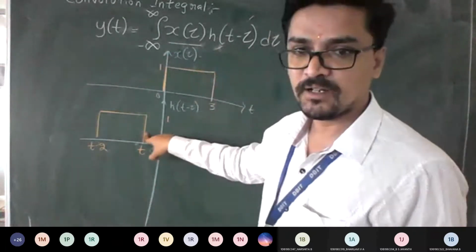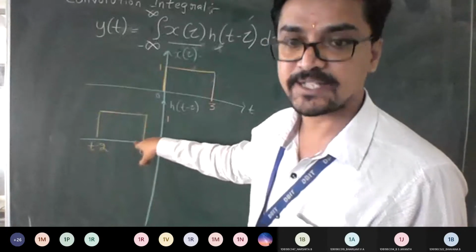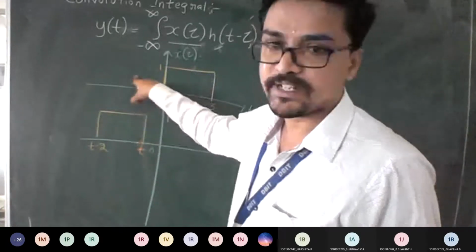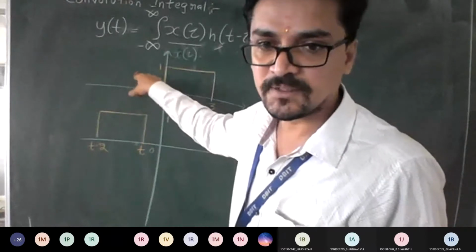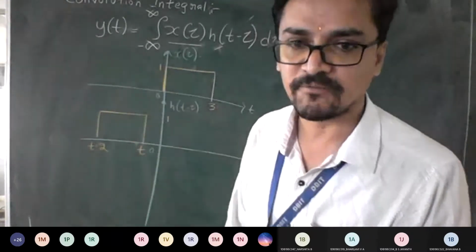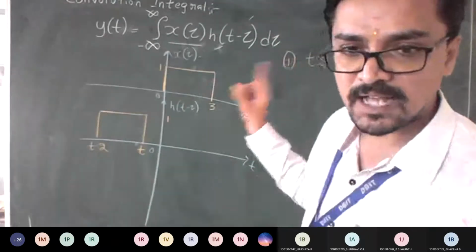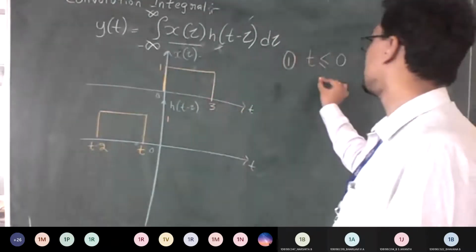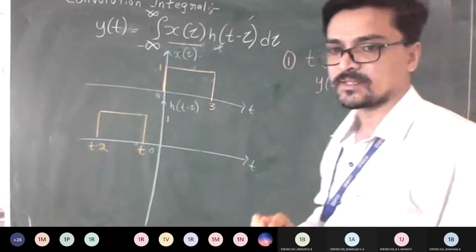You can look at the waveform here. If I take negative values, I can get a signal for h of t minus 2. But what is the signal with respect to my x of 2? Nothing. It's 0. So whatever you multiply, it remains 0 only. For that purpose, we said that for values of t less than or equal to 0, my y of t remains 0 only. Is it okay?